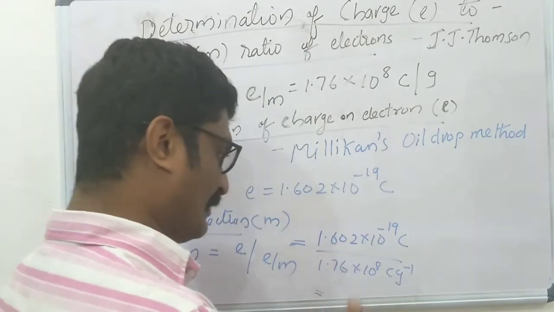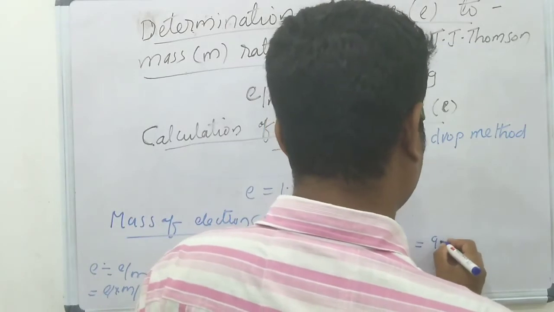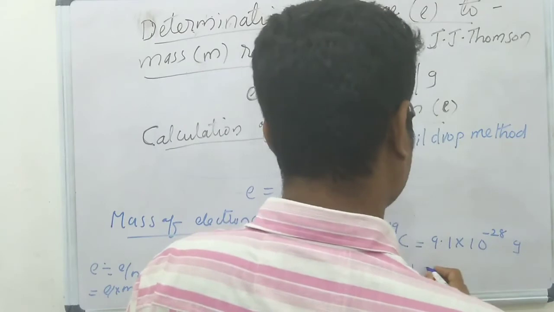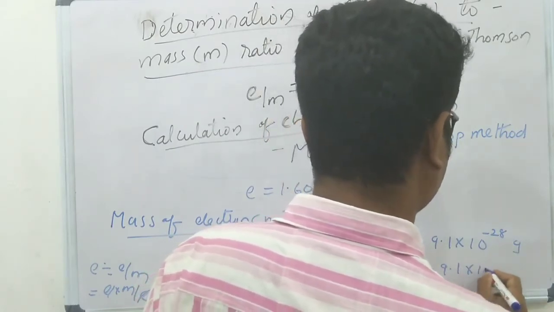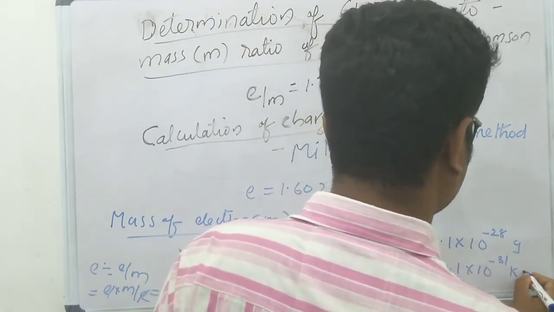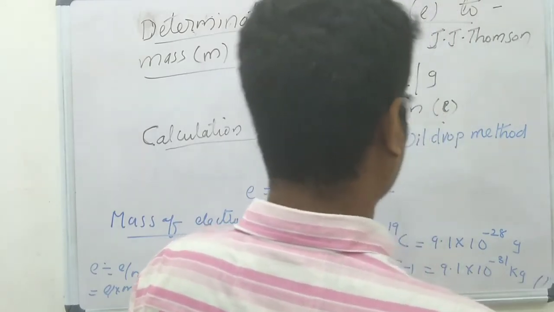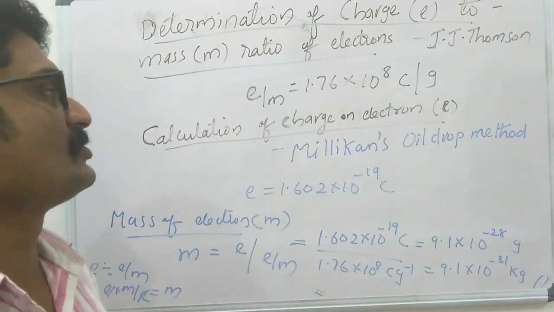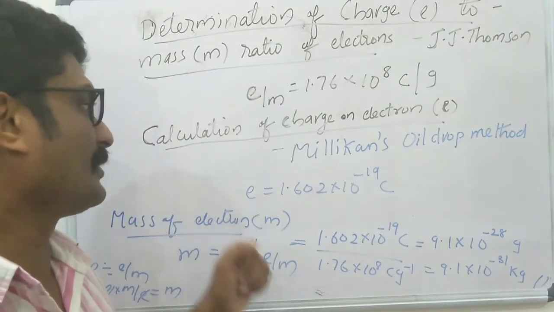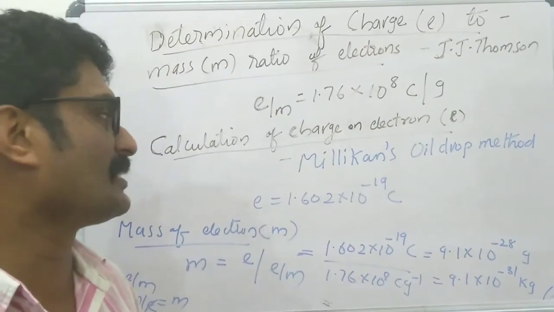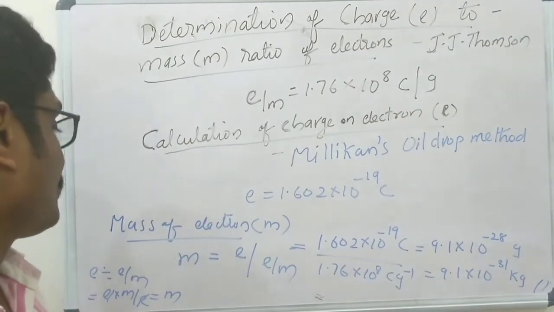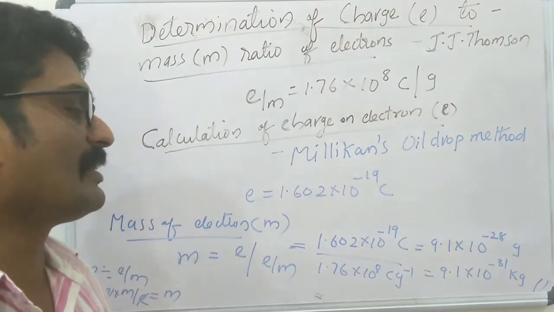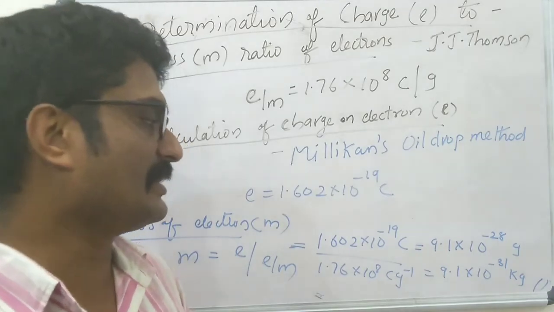Then after solving, you will get the value 9.1 × 10^-28 gram, that is equal to 9.1 × 10^-31 kilogram. So, e/m of electron is 1.76 × 10^8 coulomb per gram. Charge on electron e is 1.602 × 10^-19 coulomb, and the mass of electron is 9.1 × 10^-31 kilogram.